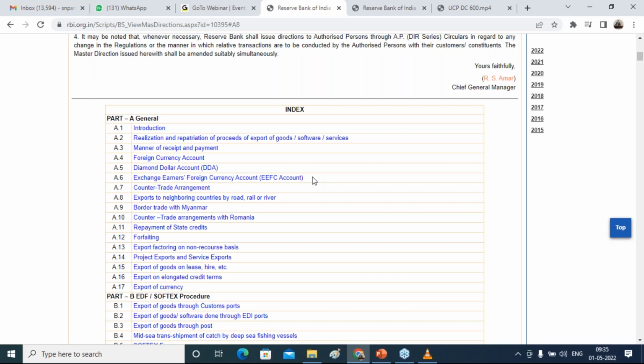Then when you want to pay for the import, you use this account and pay from that dollar balance. Then the unnecessary conversion difference, where you lose 1 rupee for every dollar, can be minimized or eliminated. That is why the exchange earners foreign currency account is very essential.